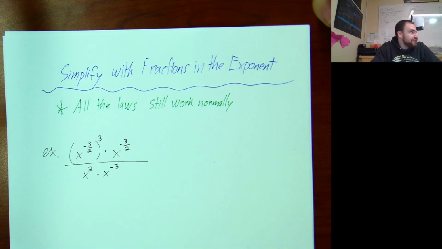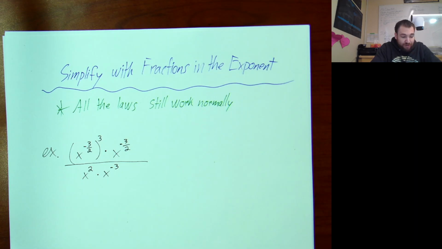So now we've got fractions going on in there, but the laws work exactly like we would expect. Nothing changes. You just have to make sure that you're doing the arithmetic the appropriate way when dealing with fractions.